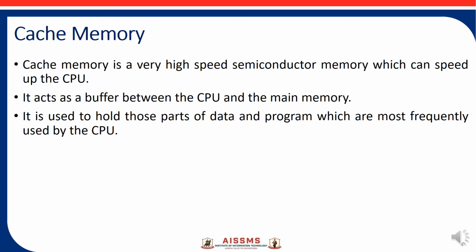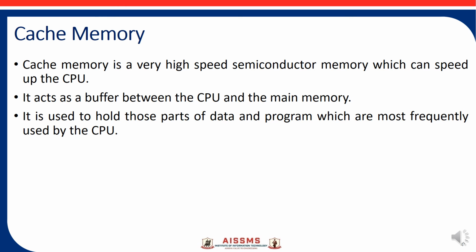We can say the cache memory is faster than the main memory, so it consumes less access time compared to the main memory, and it stores the programs that we are going to execute again and again, meaning more frequently compared to other programs. And this cache memory stores the data for temporary use.